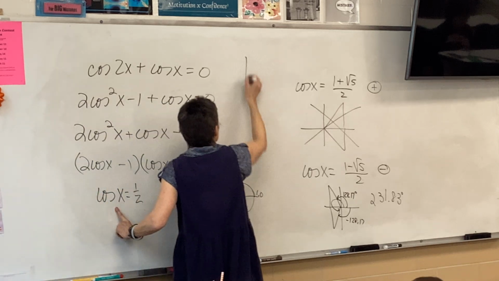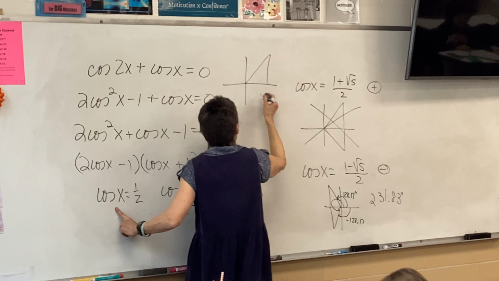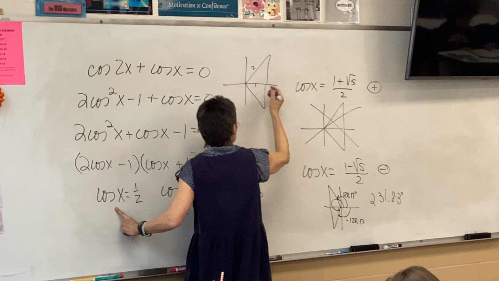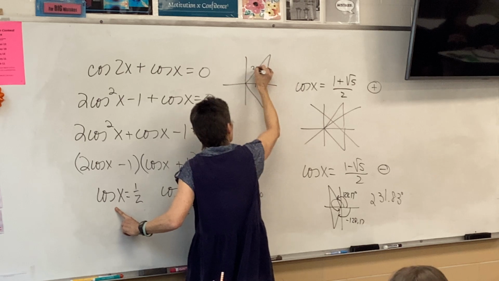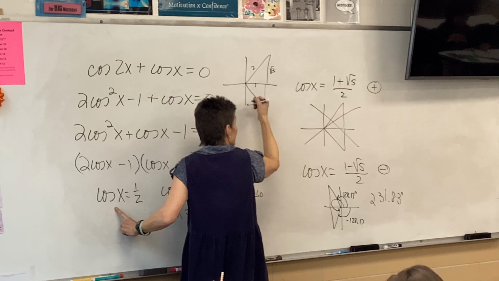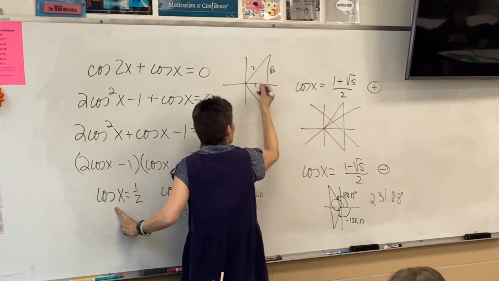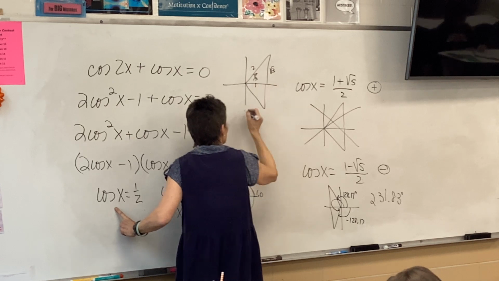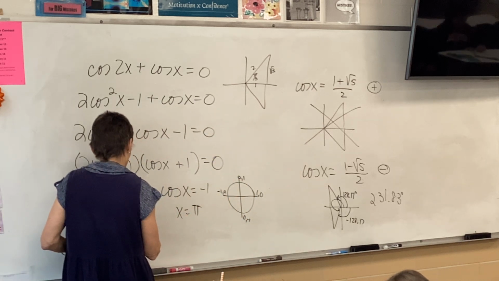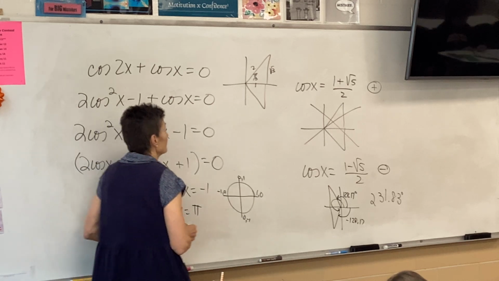Where is the cosine a positive 1/2? 1 and 4, and if this is 1/2, this is 60. Pi over 3. And then 5 pi over 6. Wait, 5 pi over 3, dang it.